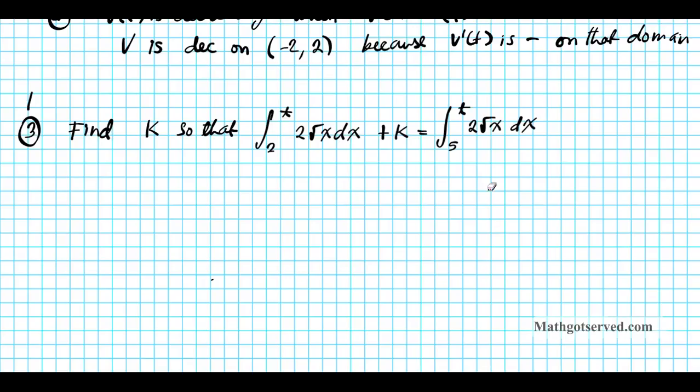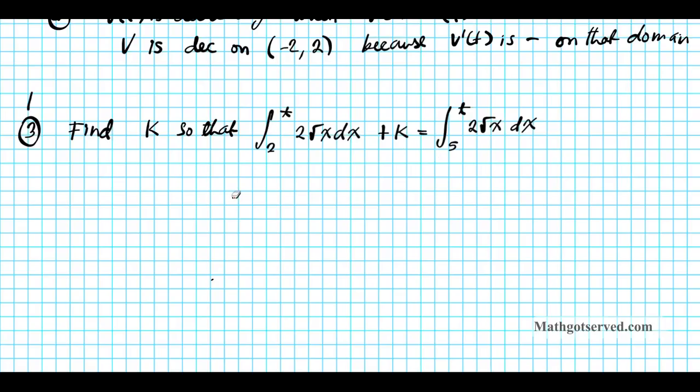Okay? So in order to do this, we have to look for a way to isolate k and combine these two integrals into one if possible. Notice they have a similar limit of integration, so it's possible for us to combine them. I'm going to move this integral to the left.